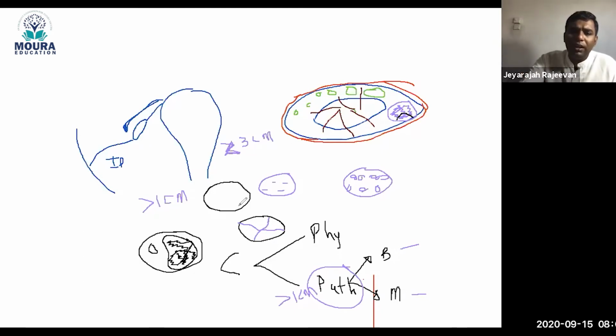A cystic and solid or multilocular cyst can't be physiological. A Graafian follicle will be unilocular, with no septa, no solid area. So a unilocular cystic mass less than 3 centimeter is always physiological. Even if it's less than 3 centimeter, if it's multilocular or has a solid area, you have to consider it pathological. That is simple.